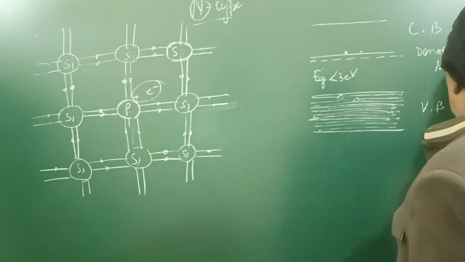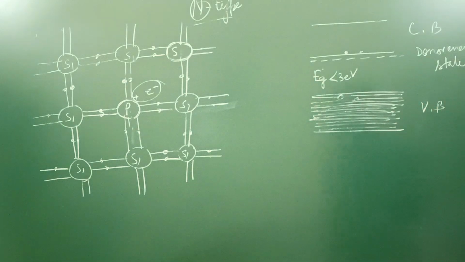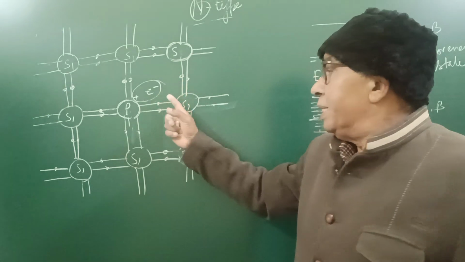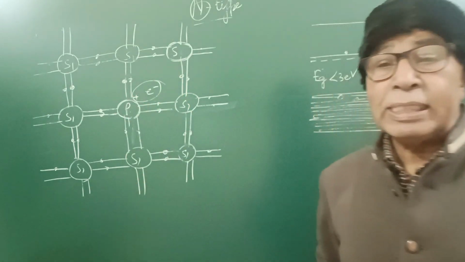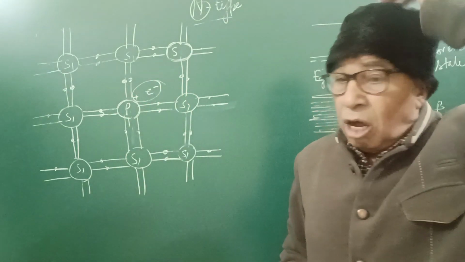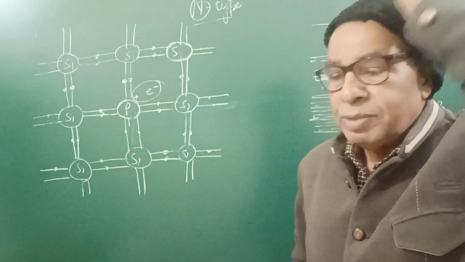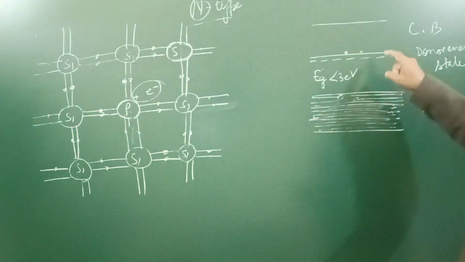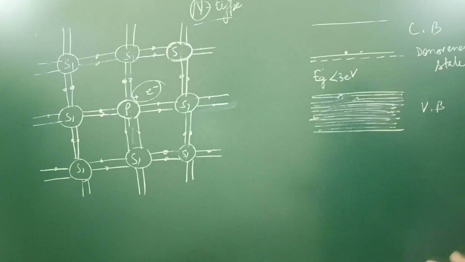This is also a very important concept. Energy of donated electron. ये जो इलेक्ट्रॉन डोनेट किया है किसने? फॉस्फोरस ने. How much energy is possessed by this? That energy possessed by electron will neither be in conduction band nor in valence band.